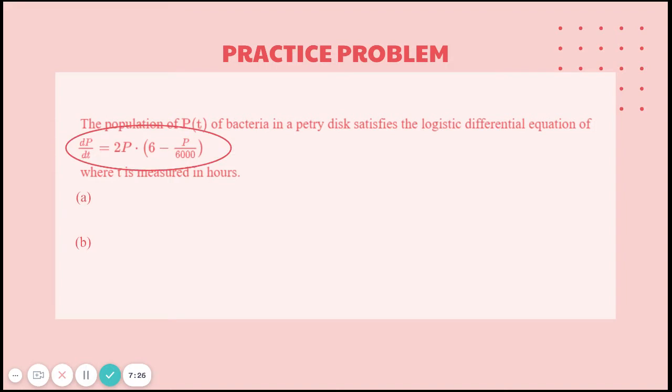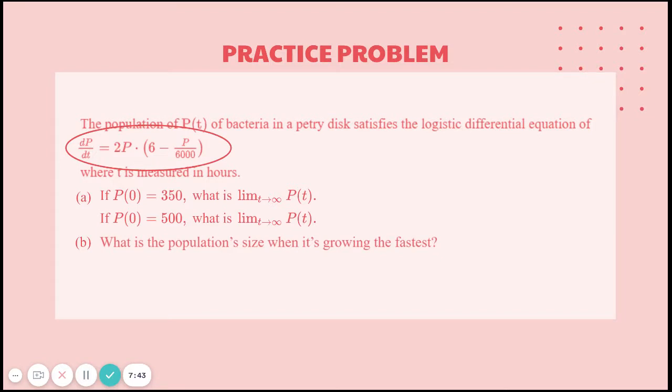Part A, if P(0) equals 350, what is the limit of P(t) as t approaches infinity? And what is the limit of P(t) if P(0) is 500? Part B, what is the population size when it's growing the fastest?